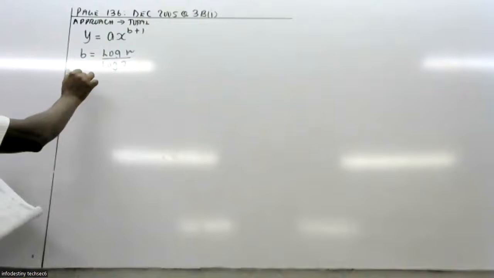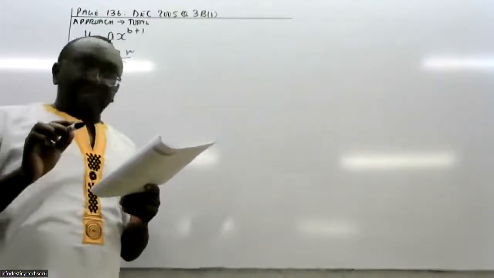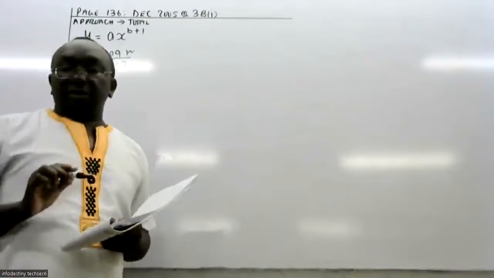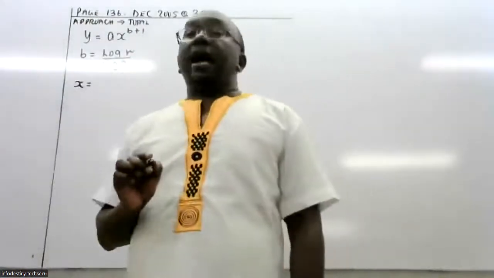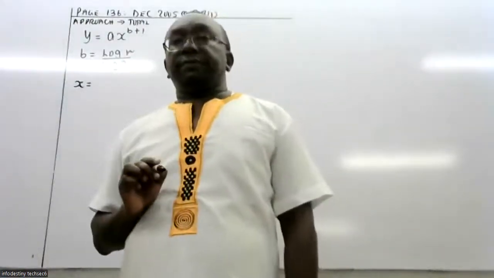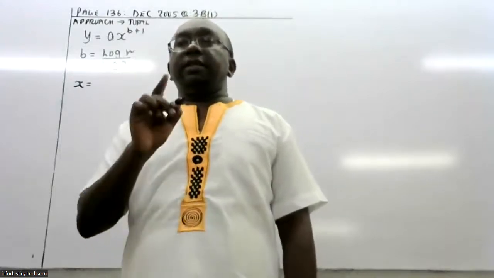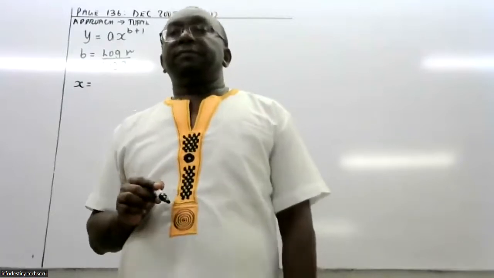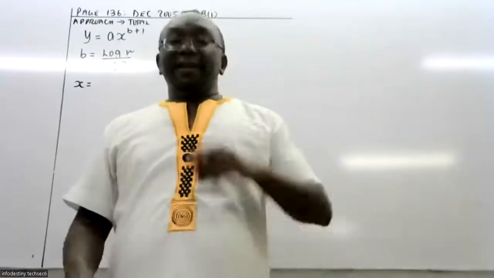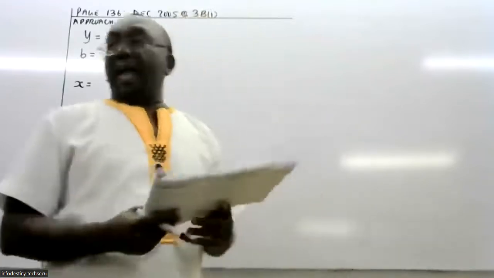And x, we are told, it is the 6th and the 7th boats. So when you are told there is the 6th and the 7th, how many boats are those? If I tell you, bring me the 6th and the 7th, how many will you bring? 2. Good. So x is 2.